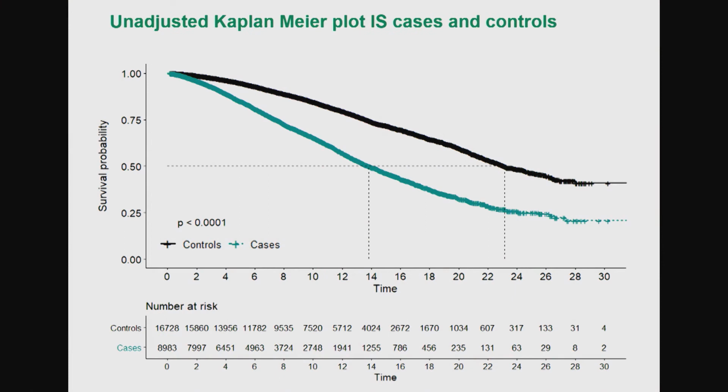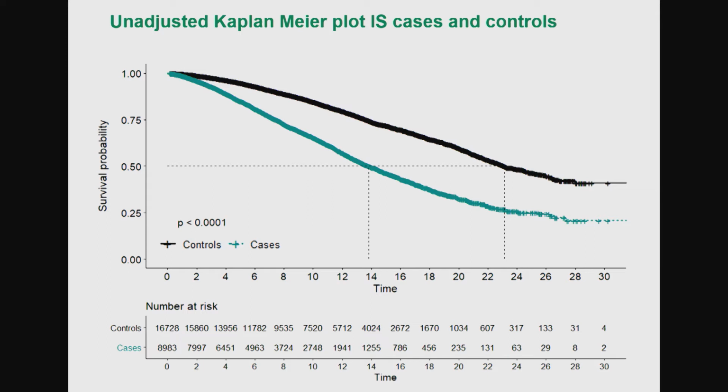Now this is an unadjusted Kaplan-Meier plot for the ischemic stroke patients and their controls. We can observe quite a difference, and this difference is statistically significant, as shown by a log-rank test, with a p-value of less than 0.01.